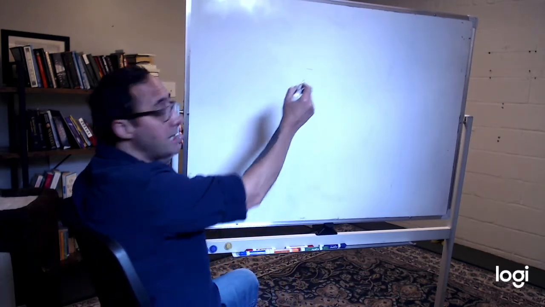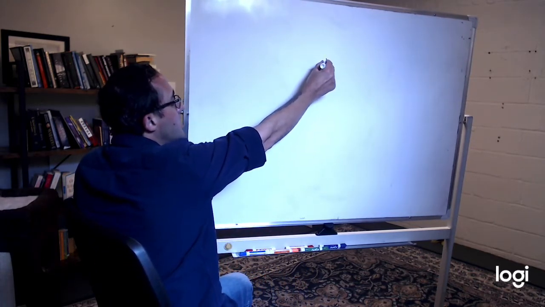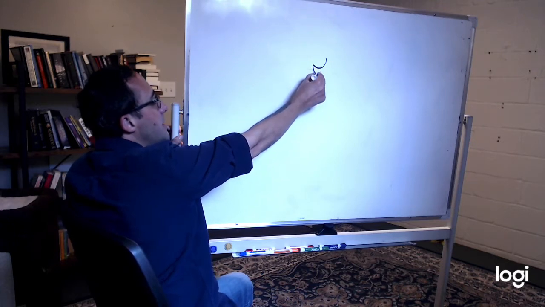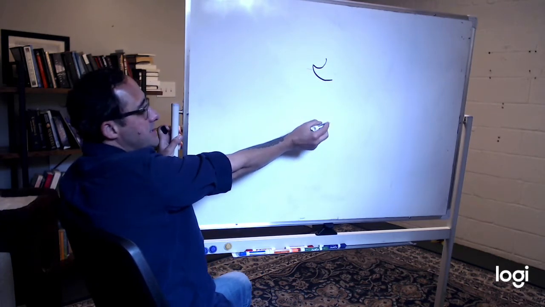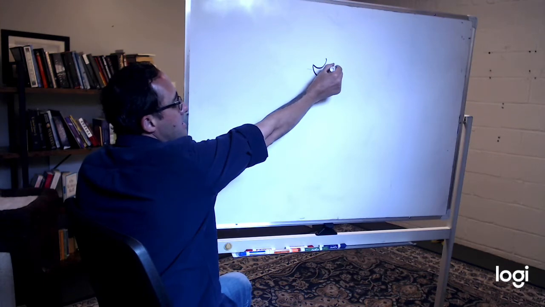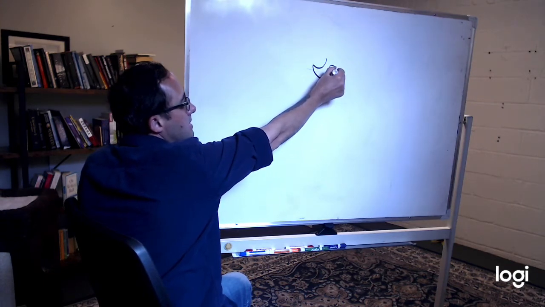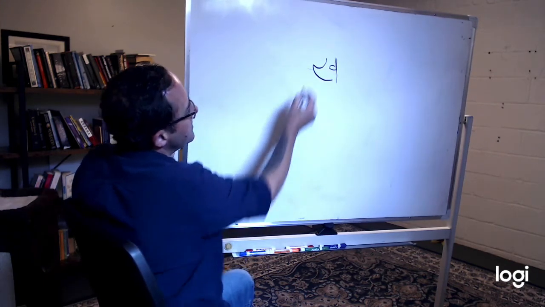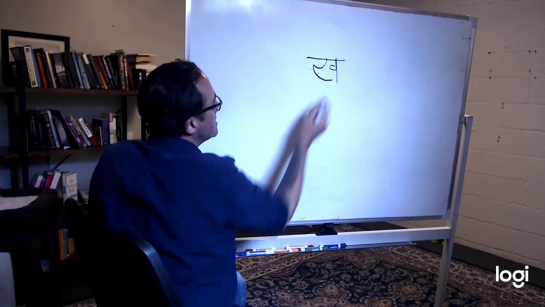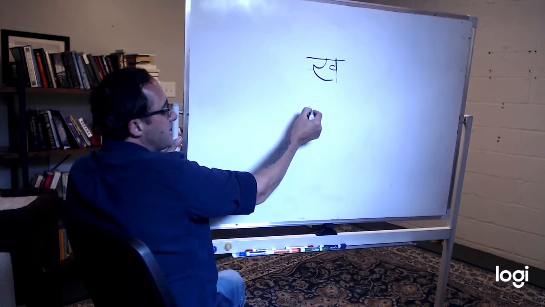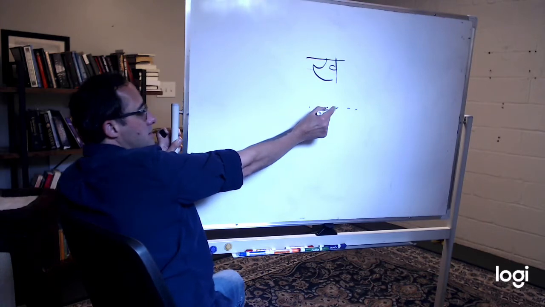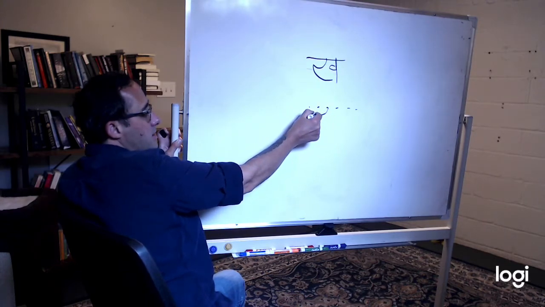Okay, ka. Hook over and down like that. Now I'm going to make a little and complete. So think about that top line. Bring it down and over.